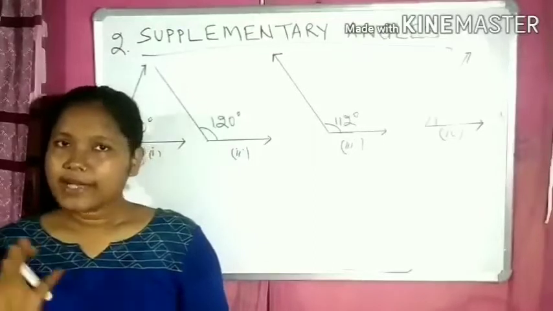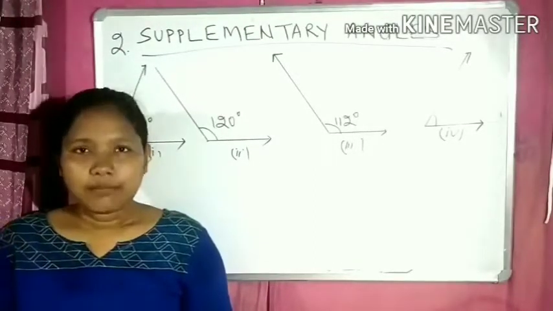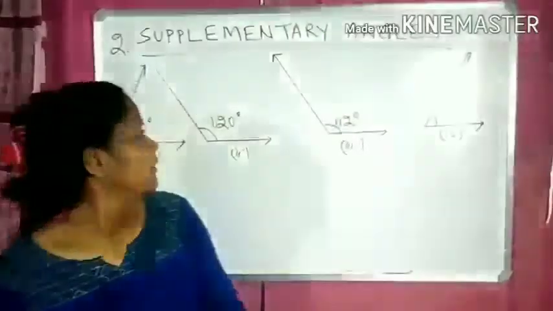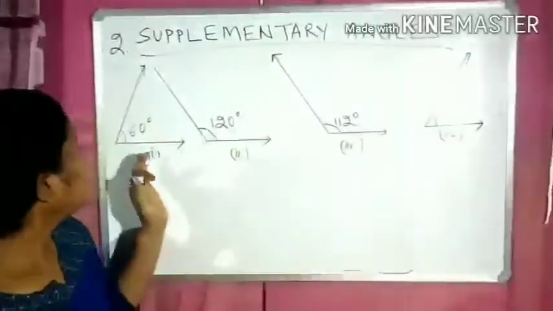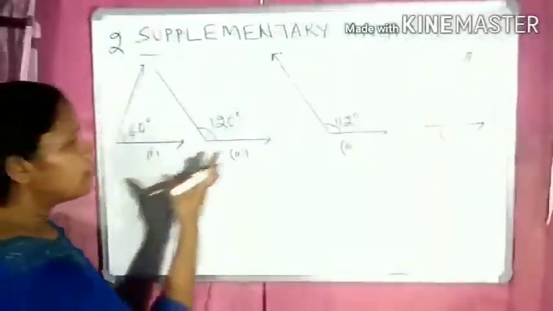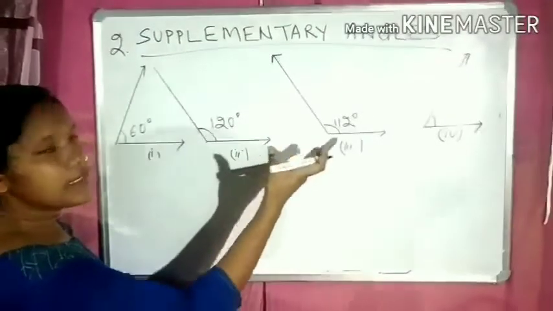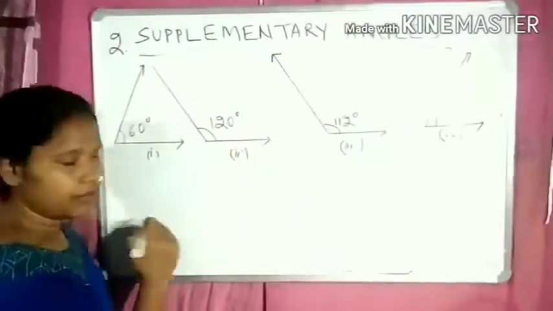And when two angles are supplementary, each angle is a supplement to the other angle. Let's see. Here 4 figures are given. So let's find out which pair is supplementary.